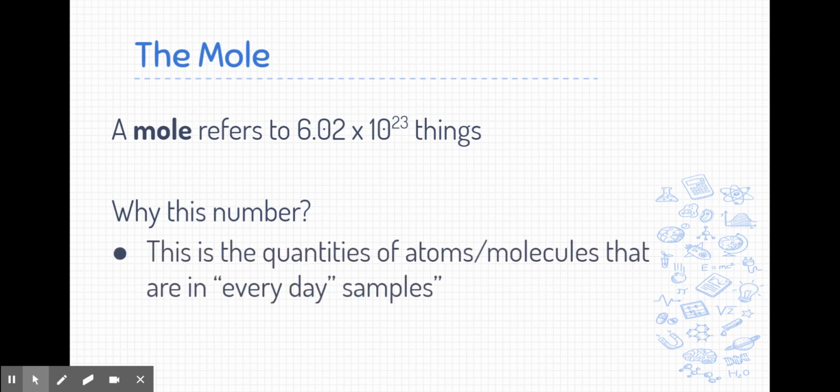So the scale of this number, 10 to the power of 23, is on the scale of the quantities of atoms and molecules that are reacting or involved in everyday, quote-unquote, samples. So that's the scale of the number. We're using a term that refers to a huge number of things, and specifically the number of things that we experience on the macroscopic level.